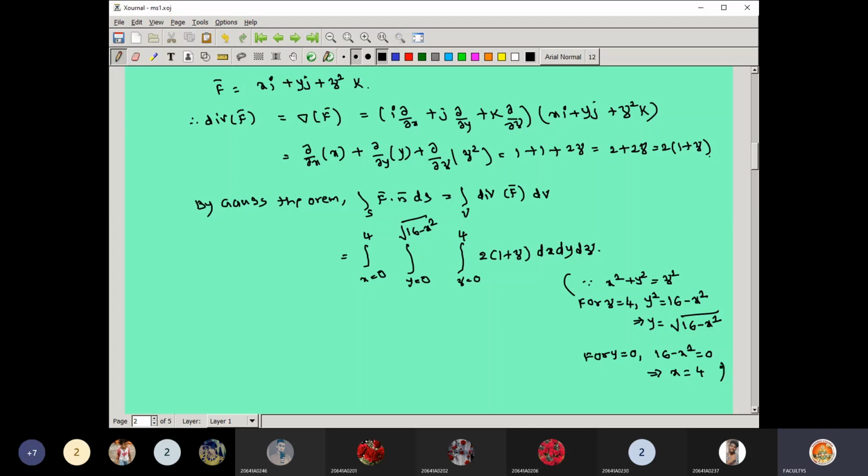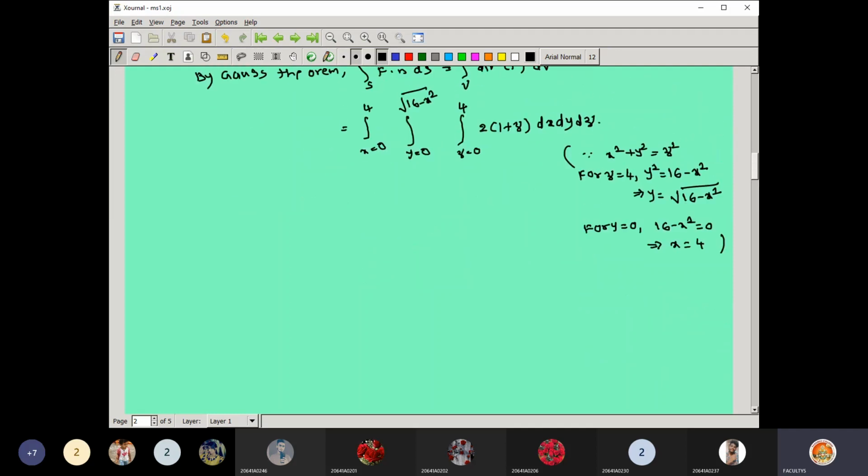Okay, are you understanding this? Using the surface expression, you are just calculating the limits of the variables. So now you write down the integration one by one. So this is equal to x integral 0 to 4, y integral 0 to under root of 16 minus x square, and first you do the integration with respect to z.